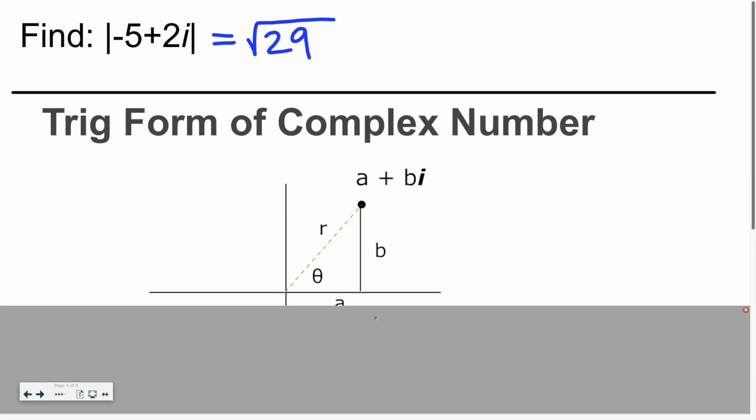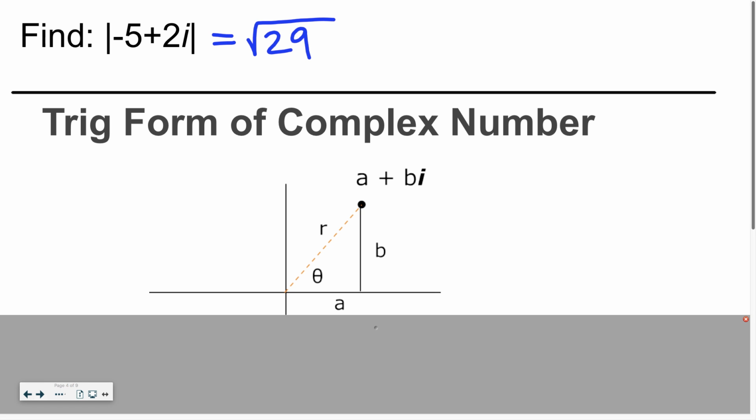Please write down or draw, I suppose, this picture for me. We have a trigonometric complex number where we have to travel horizontally a, vertically b, and then r is representing that absolute value that we just got done talking about.